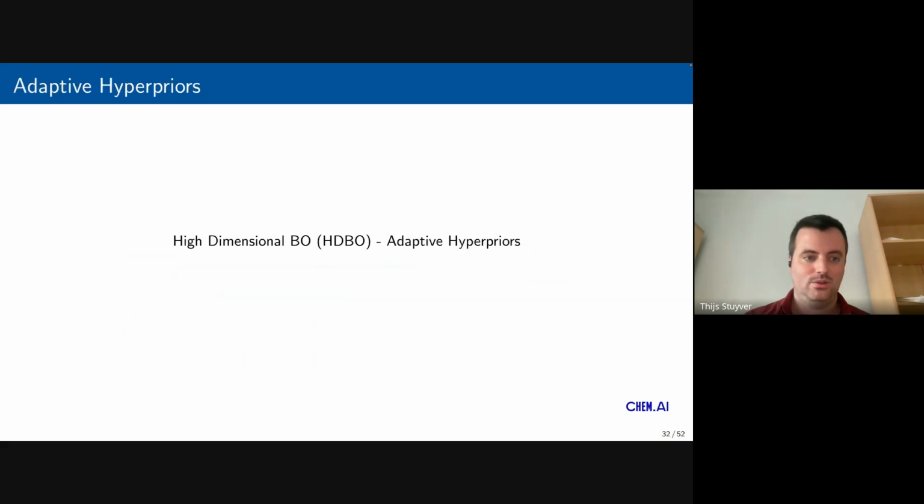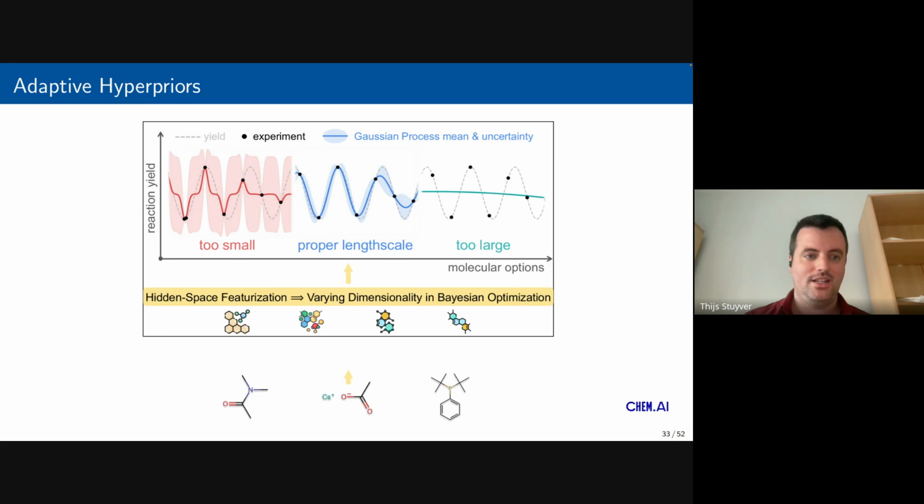Yeah, so how did we try to tackle this? I've just explained that our length scales need to match with the dimensionality of the search space.